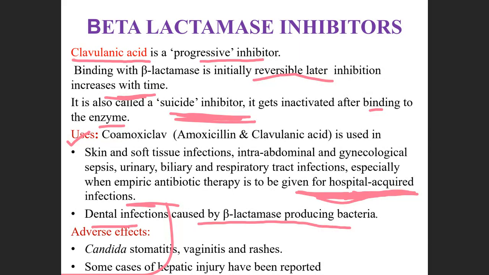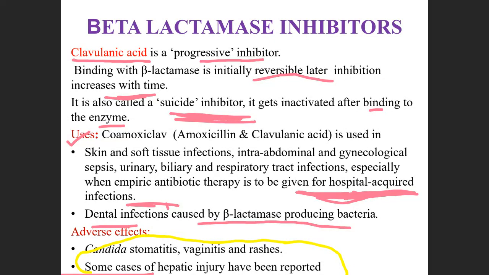And the adverse effects. What is the major adverse effect over here? This drug can cause some fungal infection in the vaginal area and in the mouth, or rashes can develop.